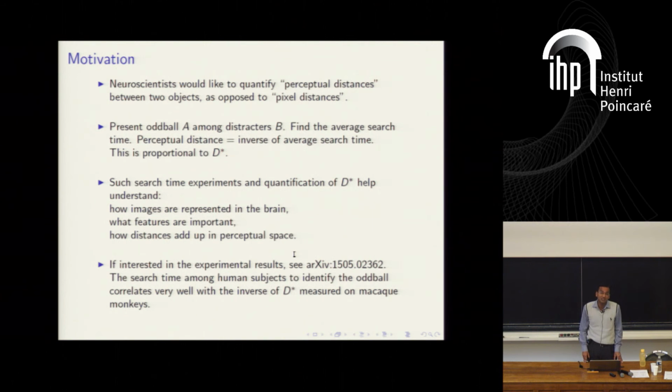This depends on the responses, which were obtained by making measurements on macaque monkeys. You find out what R1 is on this particular image, what R2 is on the other image, and you compute D star, and you find that it correlates really well with the search times in human beings.